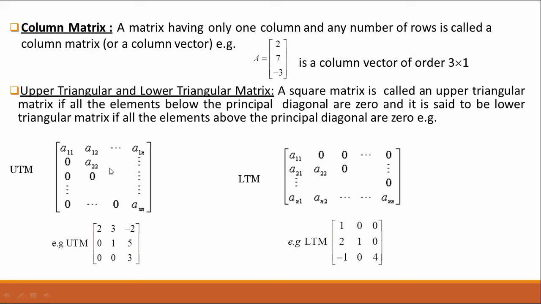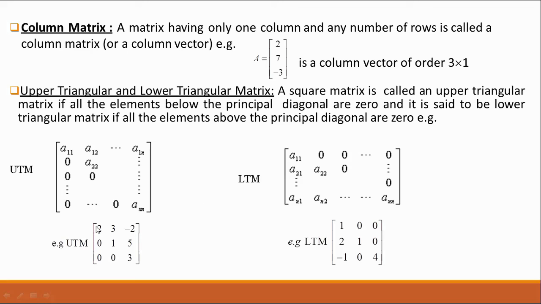This is the general form of an upper triangular matrix. In this matrix, we see that all the elements below the principal diagonal are 0, so this matrix is called an upper triangular matrix. And this is the general form of a lower triangular matrix. In this matrix, all the elements above the principal diagonal are 0, so this matrix is a lower triangular matrix.